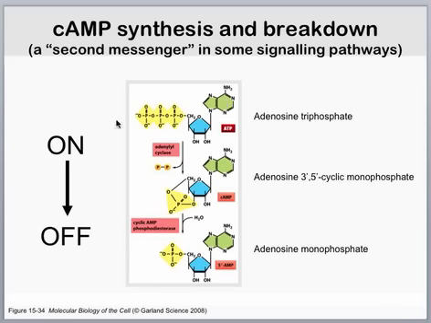Now, for the purpose of signaling, what the cell does is cleave the triphosphate to a monophosphate, but we also have this cyclase activity, adenyl cyclase, so that the phosphate is internally attached to the 3' of the sugar here.